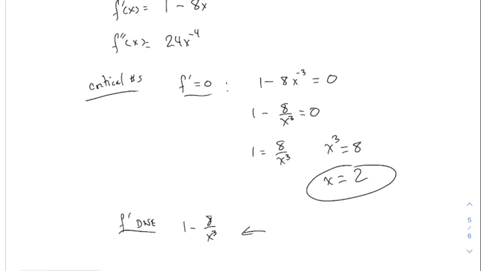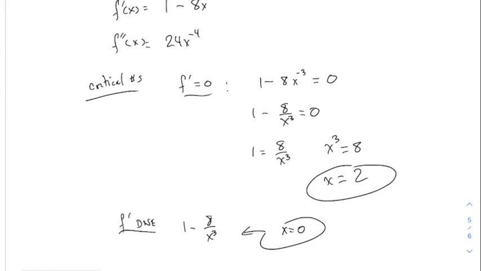The answer is 0. Okay, these are the two critical numbers. To finish off, we have to plug these into the second derivative and see what happens.